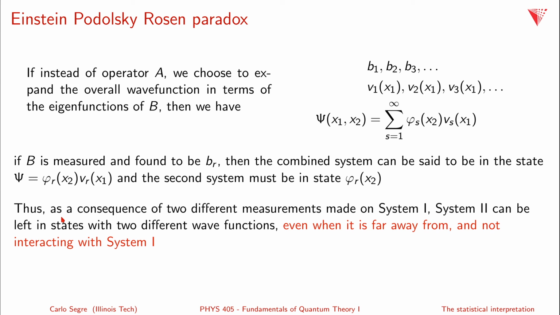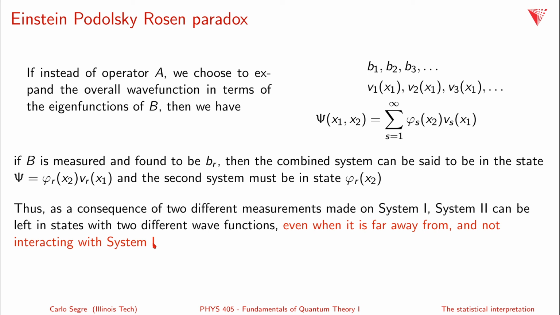So, as a consequence of two different measurements made on system 1, system 2 can be left in states with two different wave functions, even when it's far away from and not interacting with system 1 any longer, because the interaction happened from 0 to capital T. The time is much after that, they do not interact anymore.